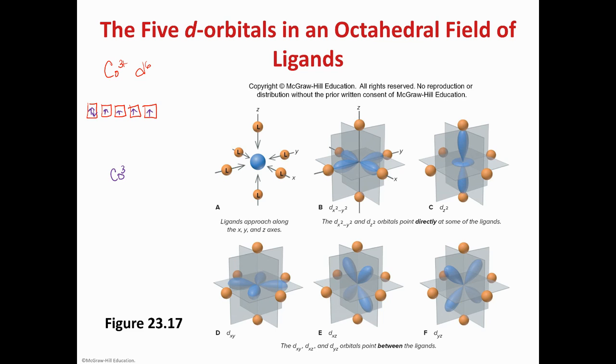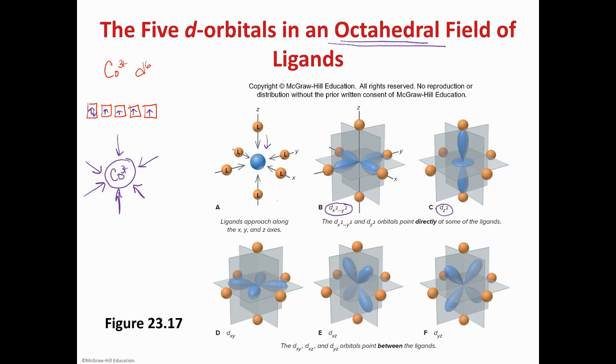Now, in an octahedral configuration, you're going to have 6 ligands coming in to that metal center. So here's a prettier picture of what I just tried to draw. Now when the ligands come in to bond to the metal center, with some of the d-orbitals, there's a repulsion. Do you see how in this d-orbital and this d-orbital, do you remember those guys from Chem 200?